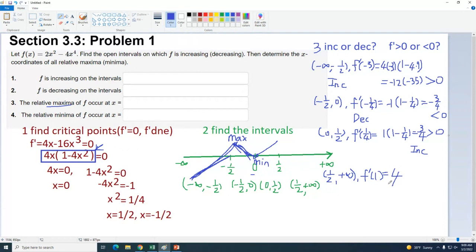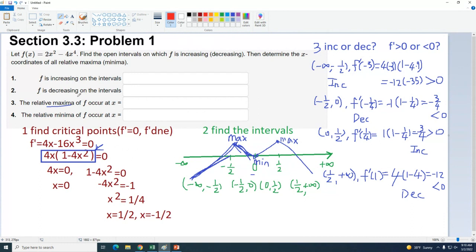We're testing the derivative value. And it's 4 times 1 minus 4, and that's negative 3 times 4. So it's negative 12. That's negative, and that's how we know it's decreasing. So in this interval, it's decreasing. Therefore, this must be a local maximum.